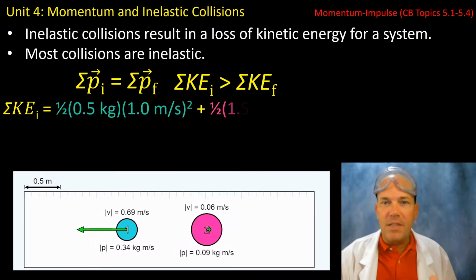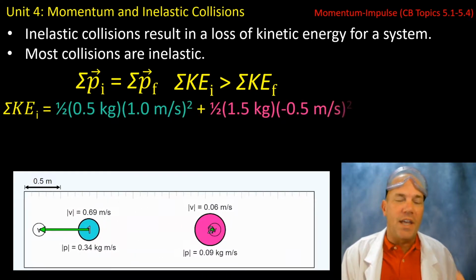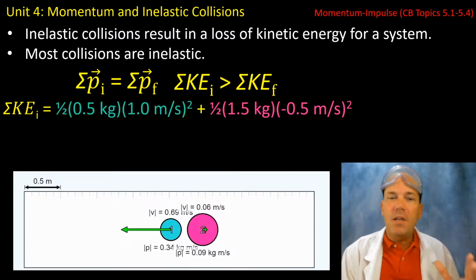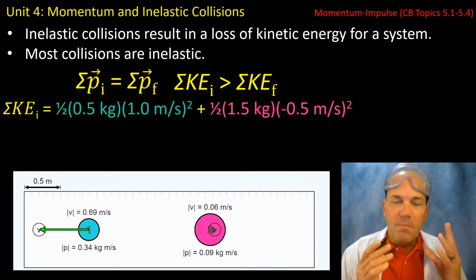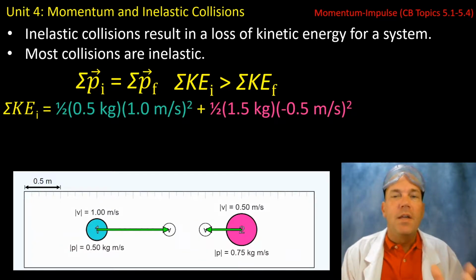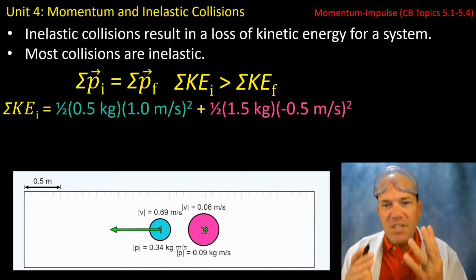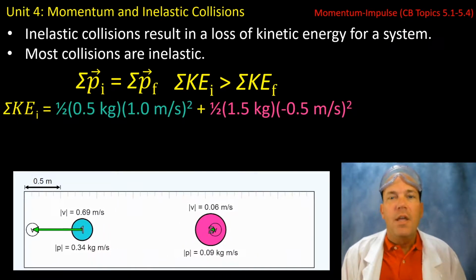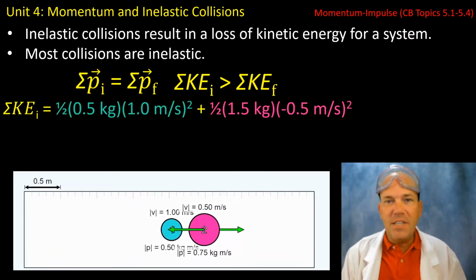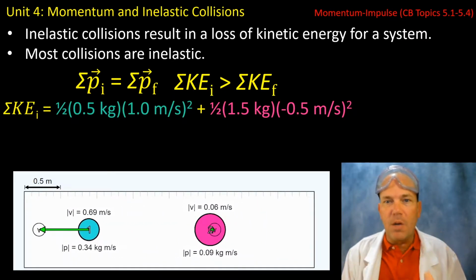Let's first calculate the sum of the initial kinetic energies. So for the light blue colored ball, we've put in both the speed of the ball and the mass of the ball. And we did the same for the magenta colored ball. Notice I've included signage for the leftward velocity of the magenta colored ball.